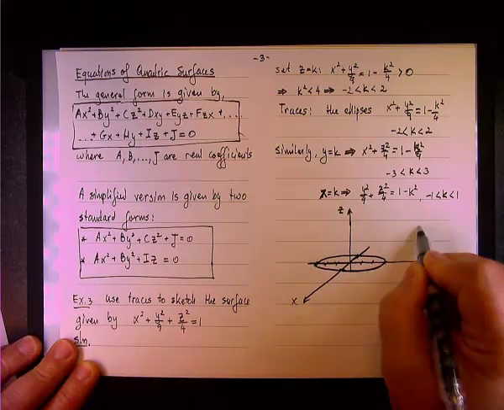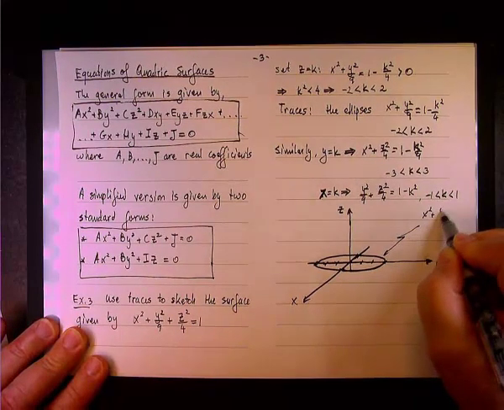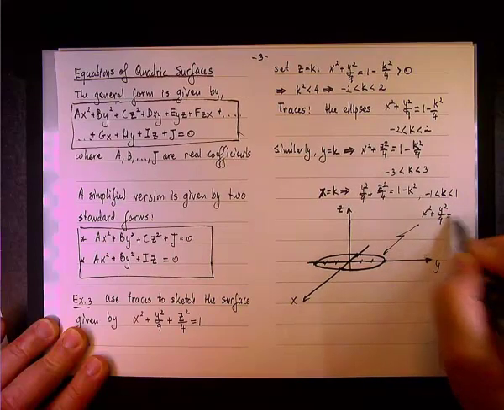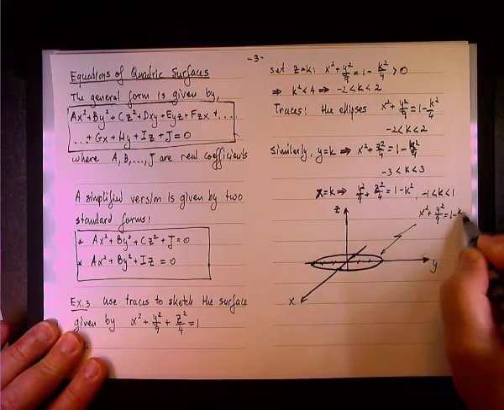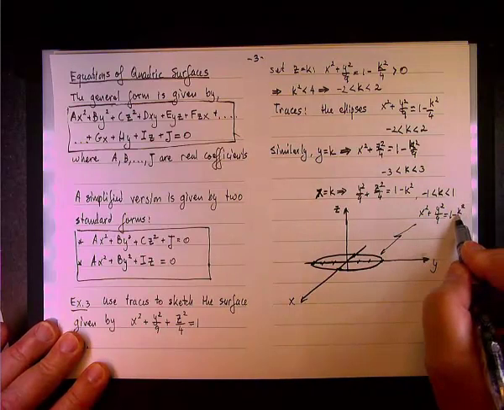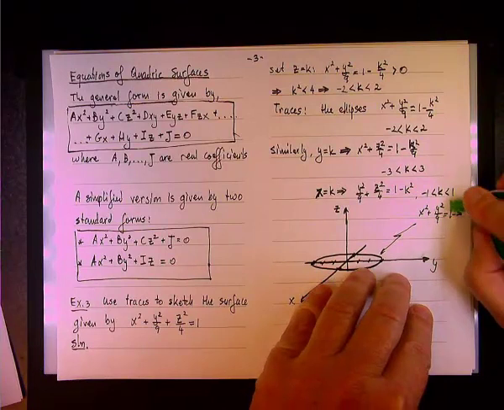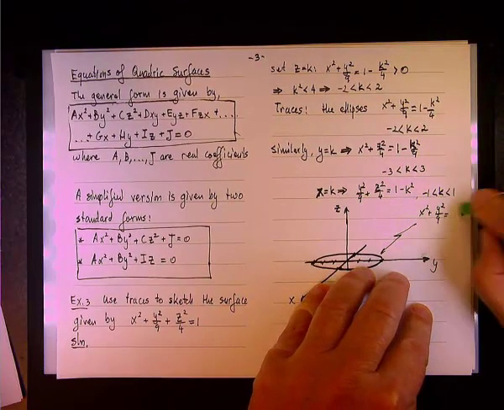So we'll have this ellipse. Okay, so this is the ellipse, x squared plus y squared over 9 equals 1 minus k squared over 4.